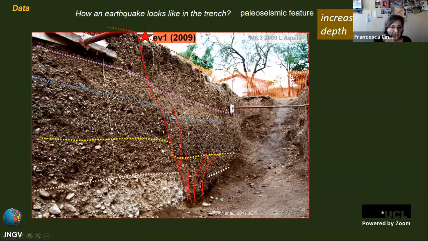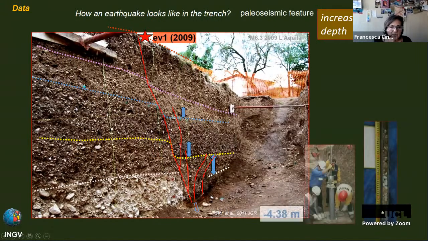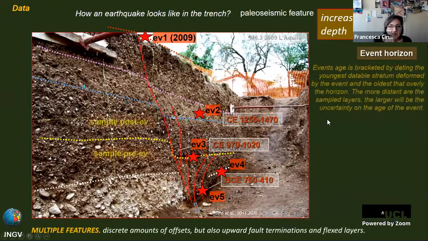We clearly observe that the sequence is displaced and sharply drops down in the same direction. We observe an increase of slip with depth, even in this case, and set our event horizons where we observe the increase.